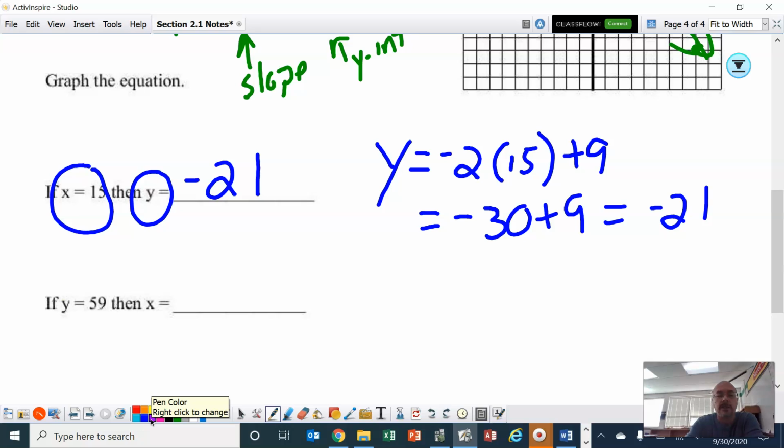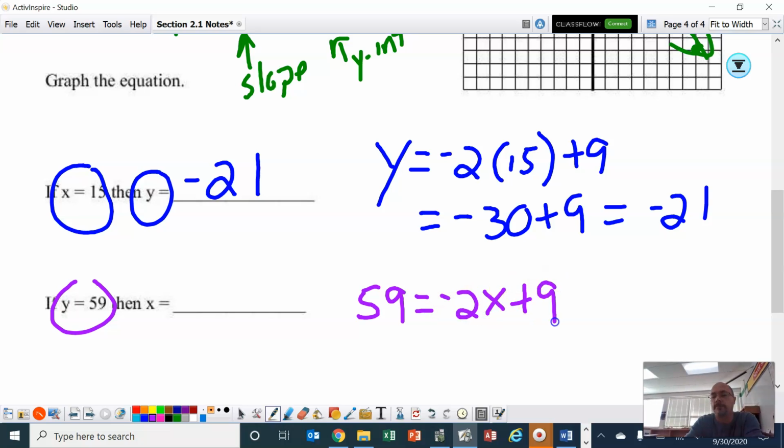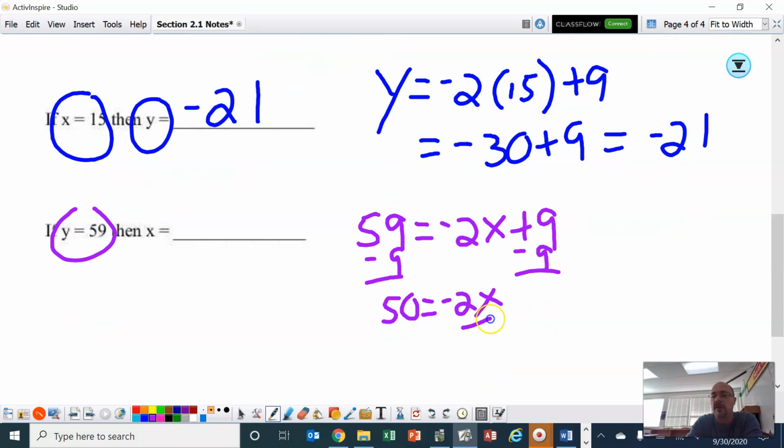On this last one, it says y is 59. So I say 59 equals the negative 2x plus 9. All right, 2 steps to solve. Subtract 9. Divide by negative 2. And I get negative 25.